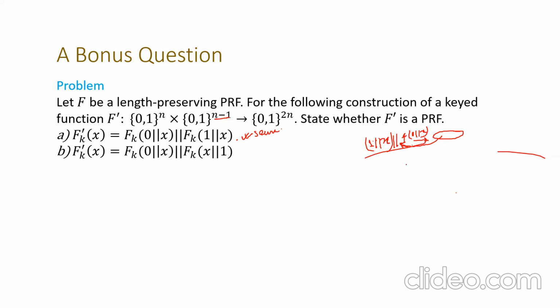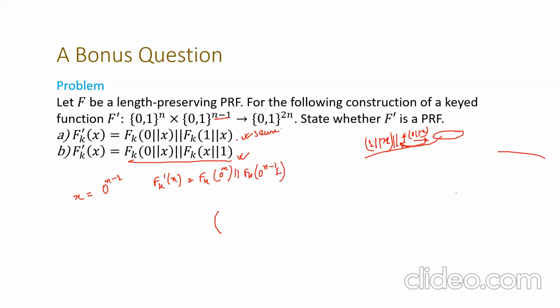So you can show it by contradiction, but the interesting thing is that in the second case you can actually attack the system. How? By choosing the input properly. If you choose x first to be 0 to the power n minus 1, then the output of f dash will be fk of 0 to the power n concatenated with fk of 0 to the power n minus 1 and 1.